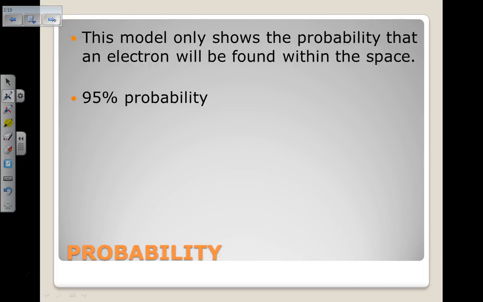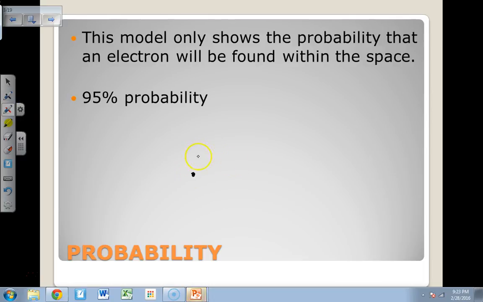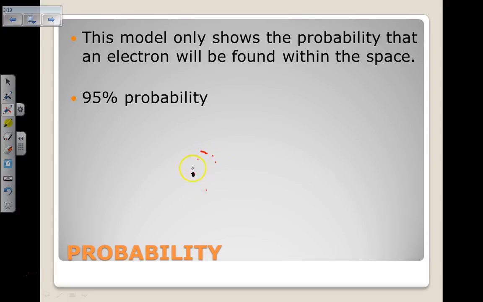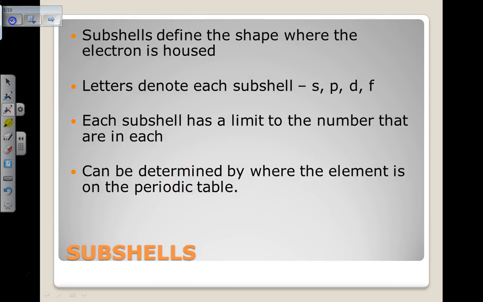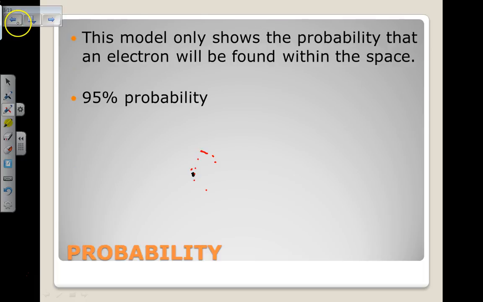Now, the point here is that electrons, if we have the nucleus, and I'll do my electrons in red, the electron is moving all over the place. So the electrons are moving all over the place, around and around and around.